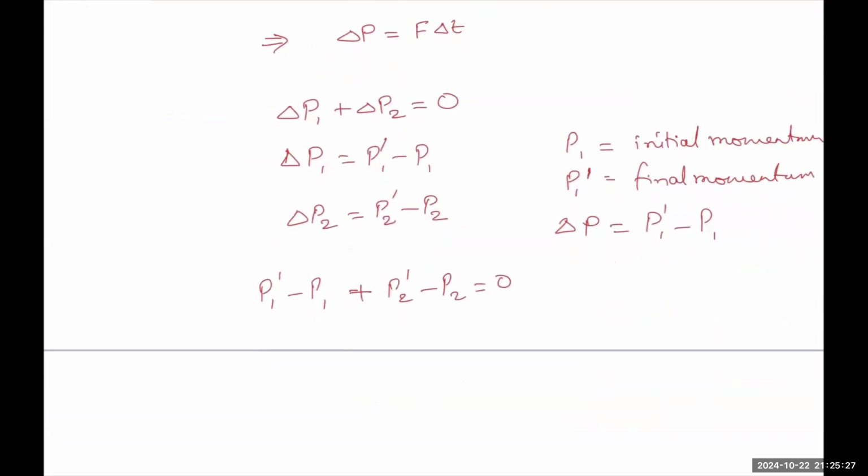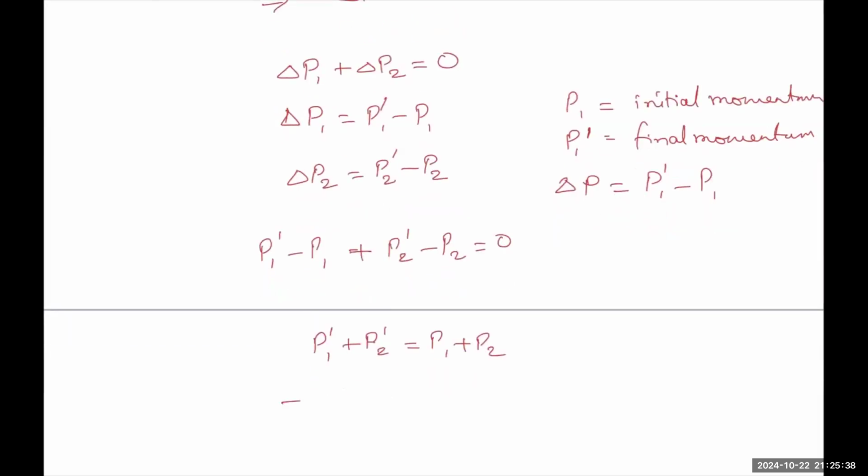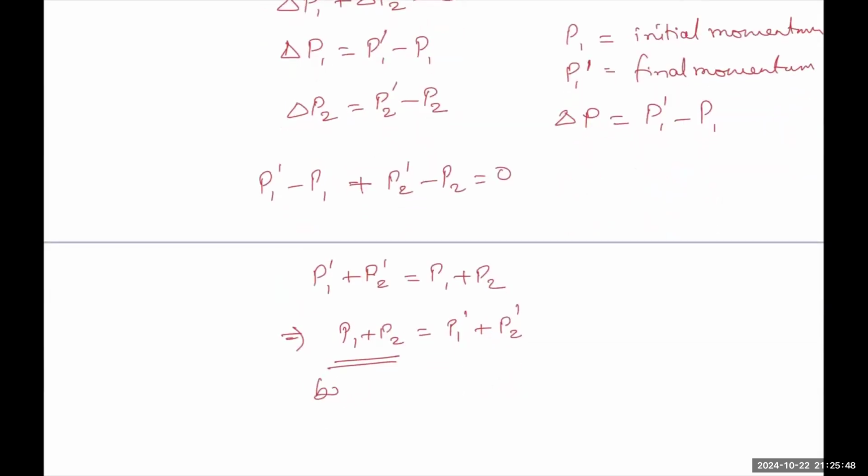Now if I rearrange them, P1 prime plus P2 prime equals P1 plus P2. Or I can say P1 plus P2 is equal to P1 prime plus P2 prime. So now this is what? Before collision.